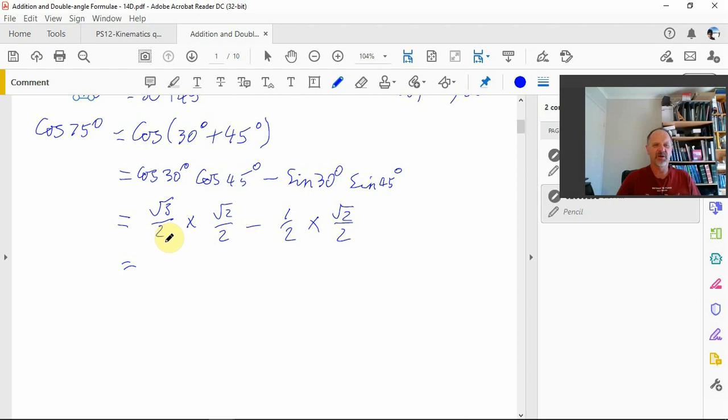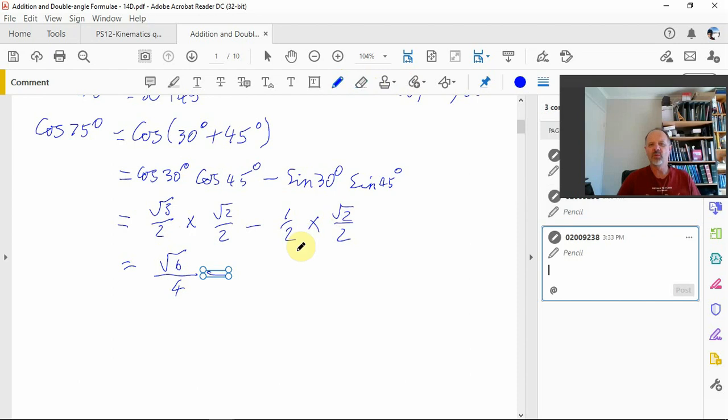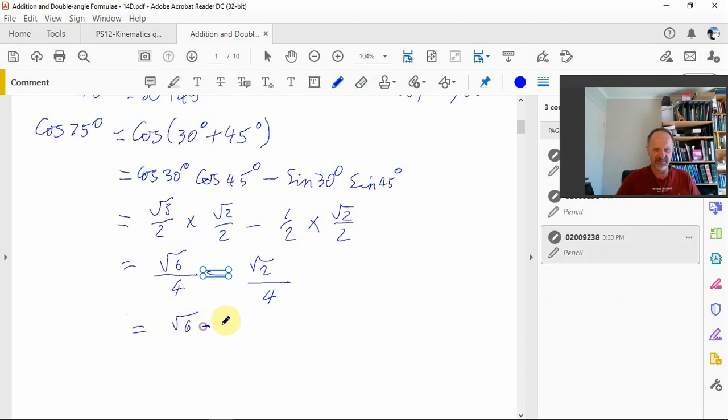So when we multiply that, over here we've got root 6 on 4. Over here it's minus 1 times root 2 on 4. And so if we put this together, we've got root 6 minus root 2 over 4. And so that is the exact value of cos 75 degrees.